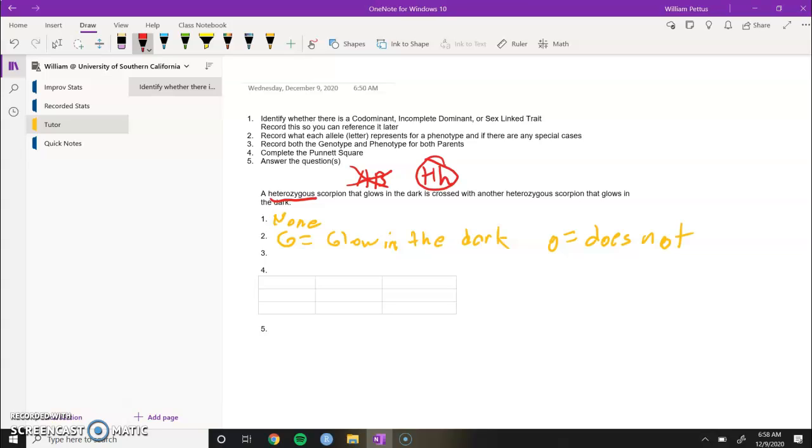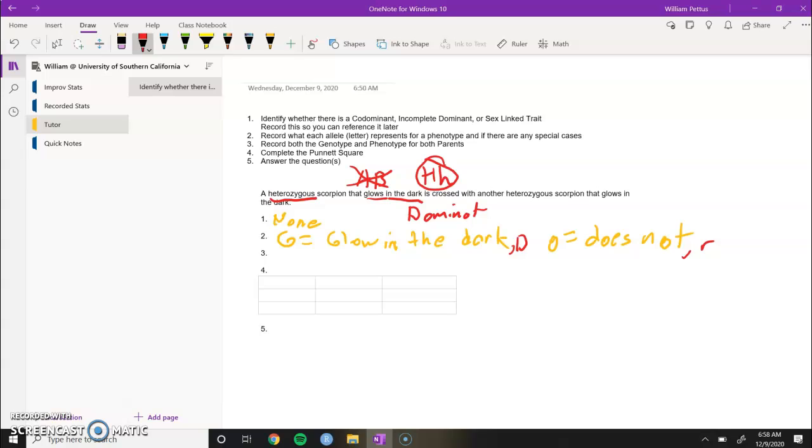It's going to be a big letter, small letter. And because our heterozygous scorpion glows in the dark, we know that glow in the dark is dominant. So we can just add in here that this is dominant, and our little g there would then be recessive.